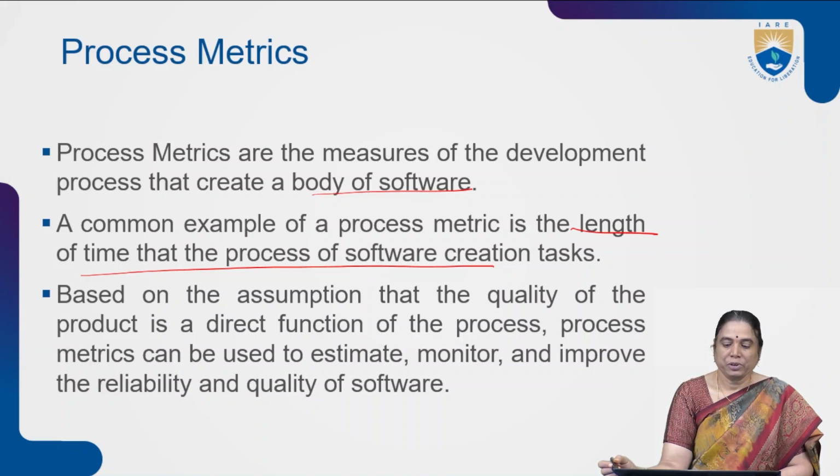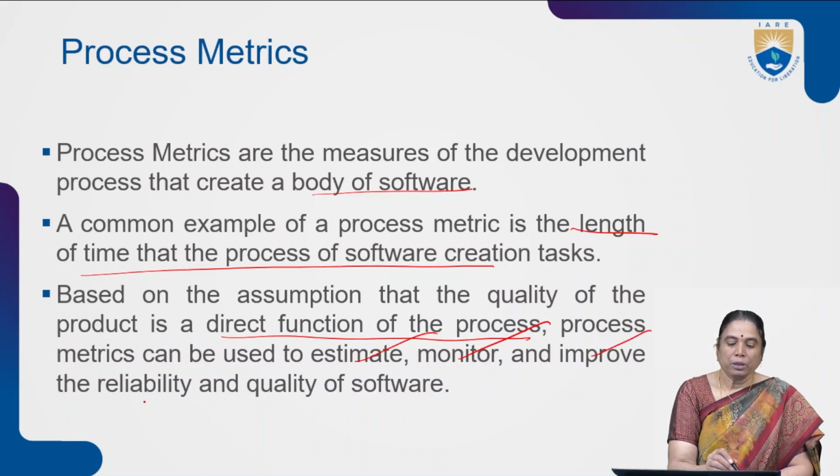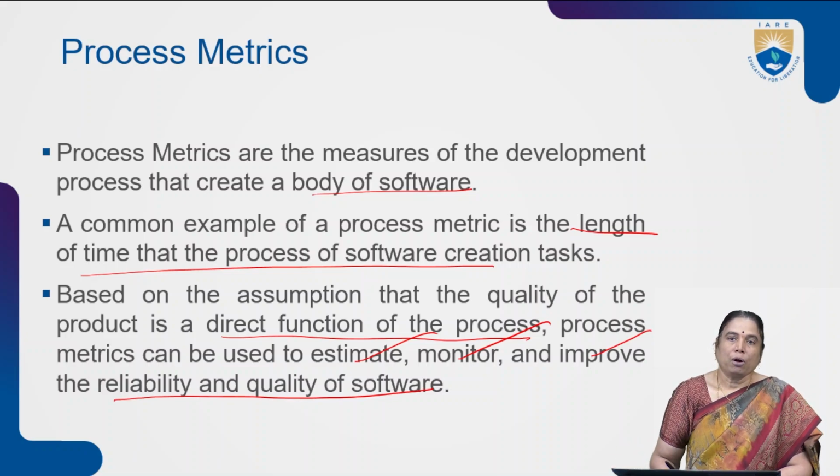Based on the assumption that the quality of the product is a direct function of the process, process metrics can be used to estimate, monitor and improve the reliability and quality of the software. How the software can withstand failures, in terms of MTTF and MTBF, must be used in reliability estimates.